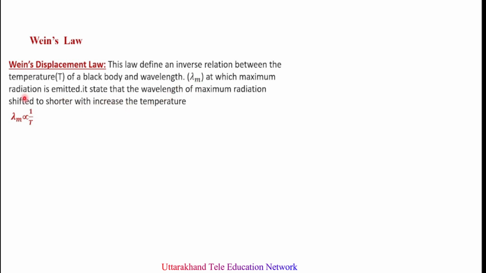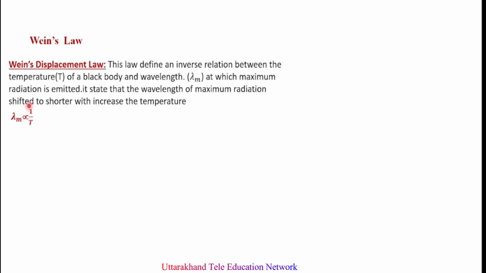We call this the displacement law because the wavelength shifts towards shorter values, and we can write lambda m is directly proportional to 1 upon T, or inversely proportional to temperature.